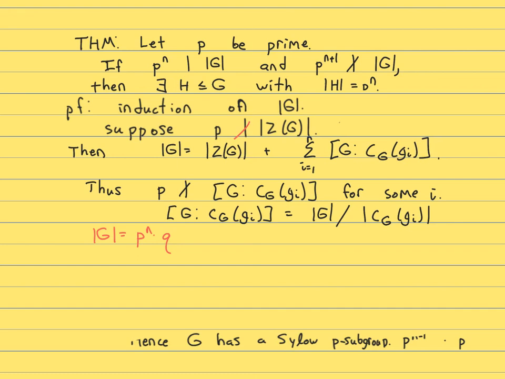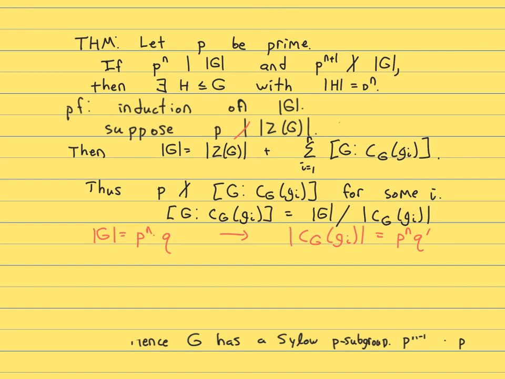So what can we conclude? We have to conclude that the size of the centralizer is order P to the N times stuff. Note, as I've noted before, the center always has at least one element. It's never the case that this index is the size of the whole group. In particular, it's never the case that this centralizer is the whole group.